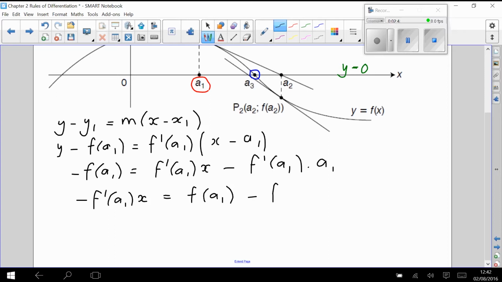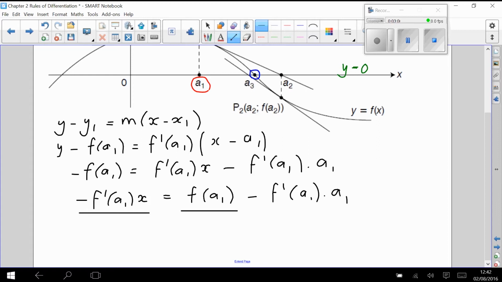And remember, I still had the derivative at a1 all times by a1. In my next step, I'm going to divide both sides by the factor connected to x. In other words, I'm going to divide all my terms by the factor of minus f prime at a1.